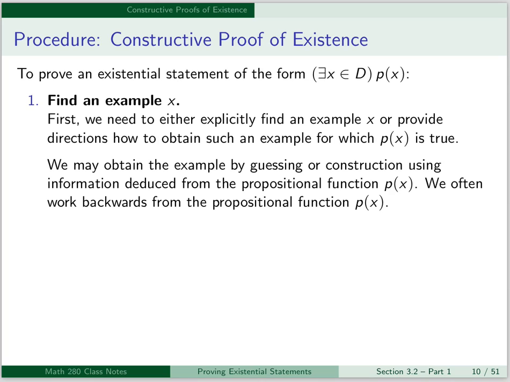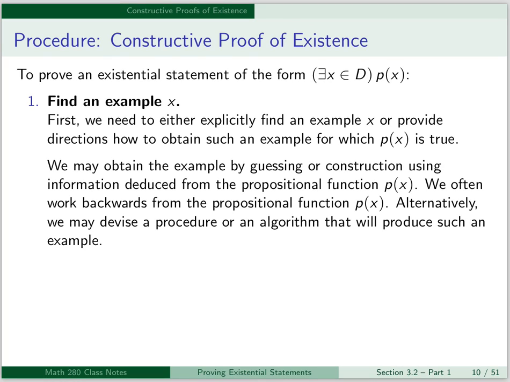Now we may obtain the example by guessing or construction using information deduced from the propositional function p of x. We often work backwards from the propositional function p of x. Alternatively, we may devise a procedure or an algorithm that will produce such an example. And you'll see how this works as we go through some of the examples.